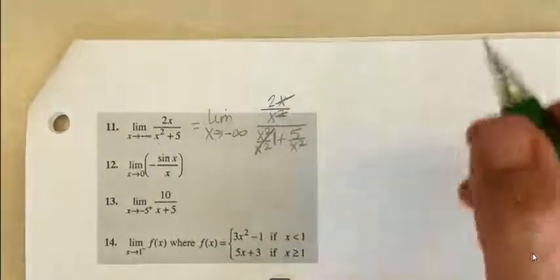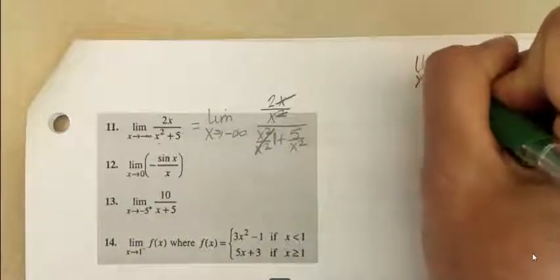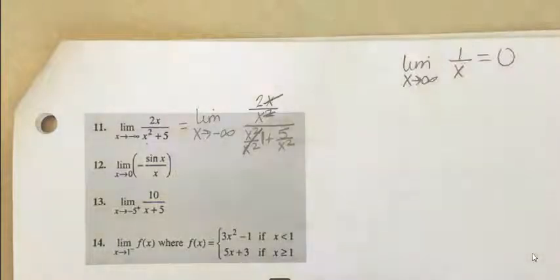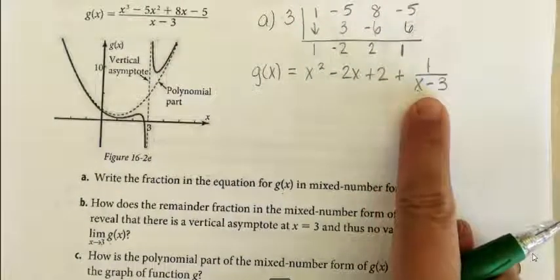It's really important that you understand that the limit as x goes to infinity or negative infinity of, for example, 1 over x is equal to 0, just like I showed you in this example, where we were using x minus 3. Same thing.